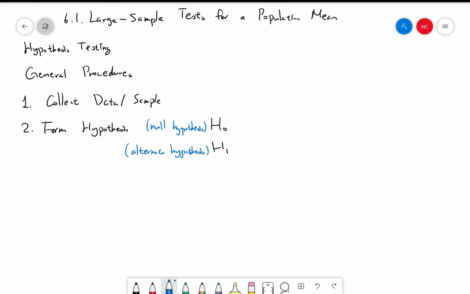In general, H1 and H0 are opposite of each other. And subconsciously, H1 is the one we believe, and H0 is the one we want to reject.